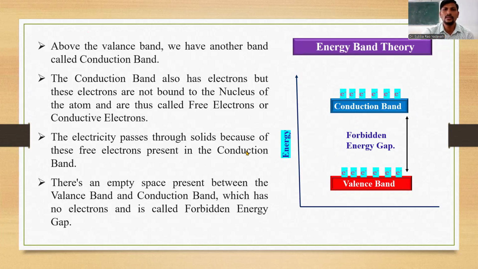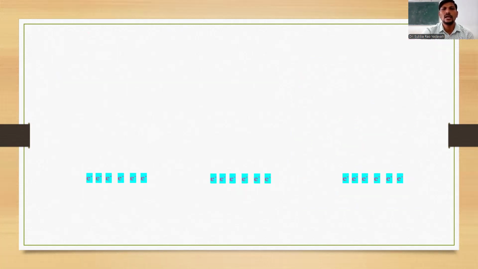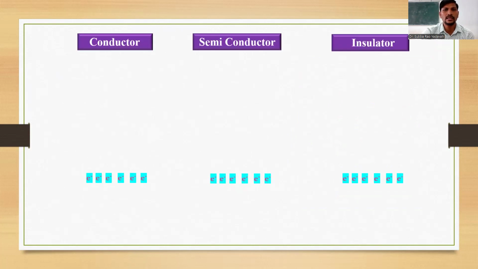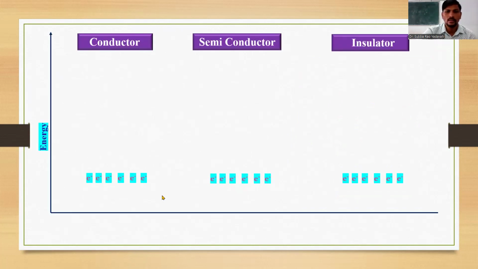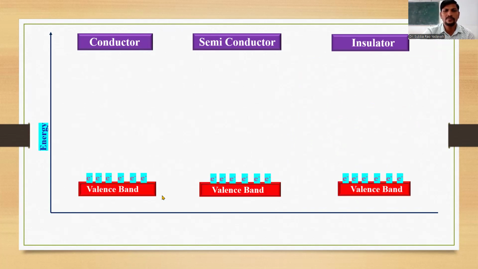The gap is in between the valency band and the conduction band. Based on this band theory, the materials are categorized as conductors, semiconductors, and insulators as per the bands. Here this is the energy. All the materials, whether a conductor, semiconductor, or insulator, must have the valency band, and the valency band has the valency electrons.